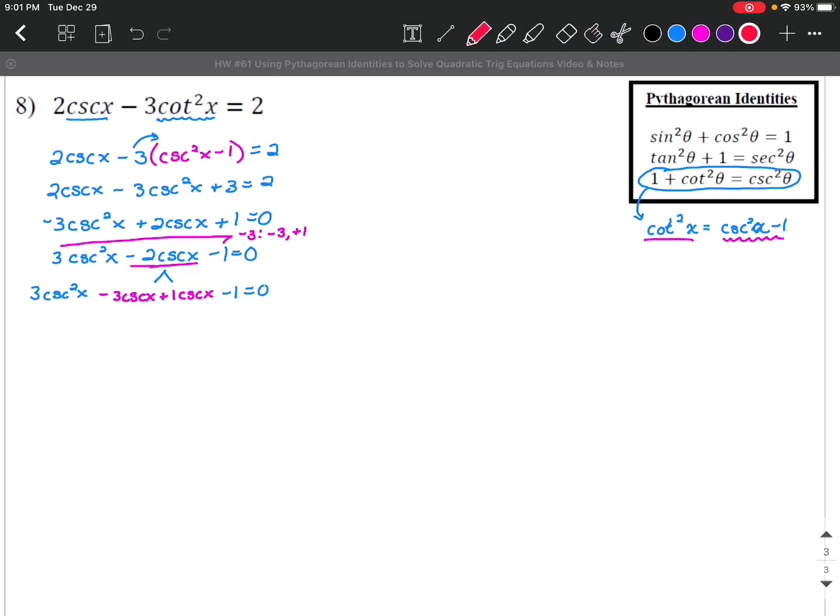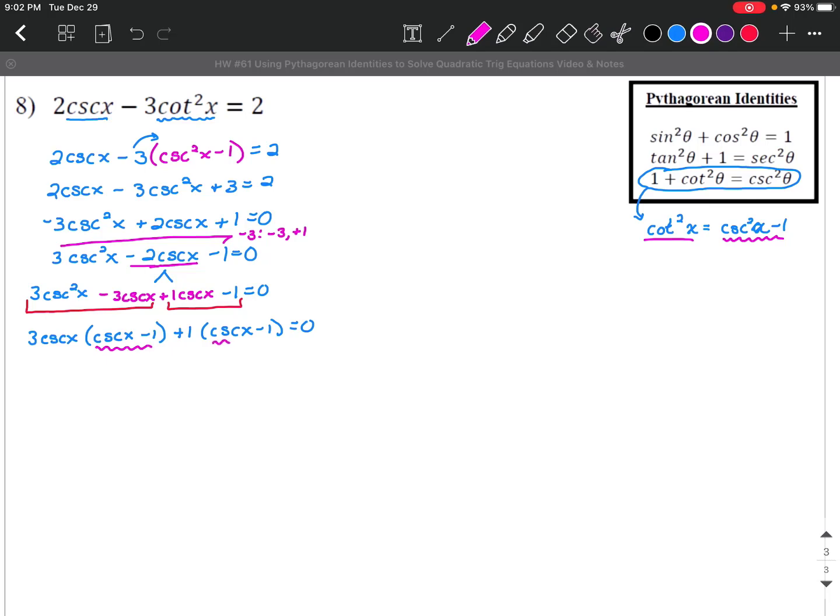Now if we group the first 2 terms and then group the last 2 terms, in the first 2 they have a 3 and a cosecant x in common. That will leave us with a cosecant x minus 1 plus, now all the next part has in common is 1. That's it, nothing else. So then it's cosecant x minus 1 equals 0.